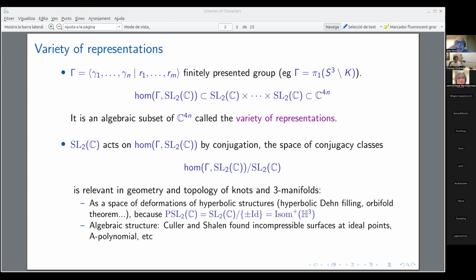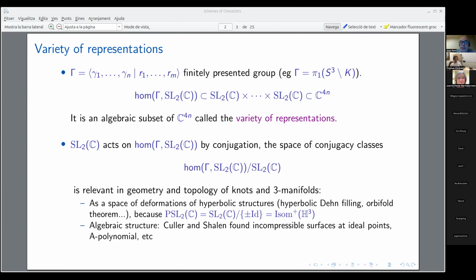Why are we interested in this? Well, people are looking at this for many reasons in geometry and topology in dimension 3. The main one is because this is related to hyperbolic structures. The group of orientation preserving isometries of H3 is precisely the quotient of this group by plus or minus the identity.